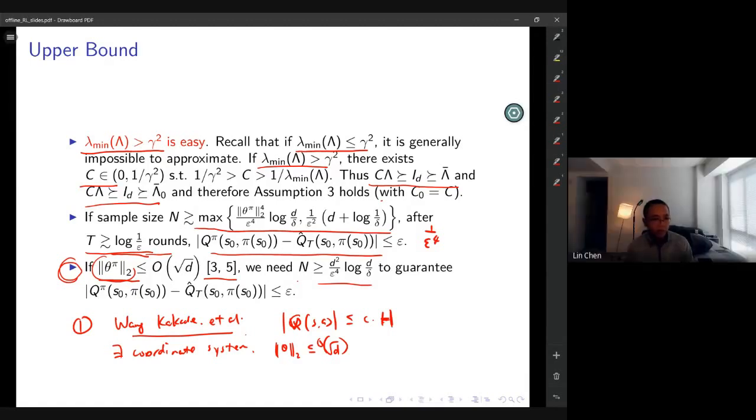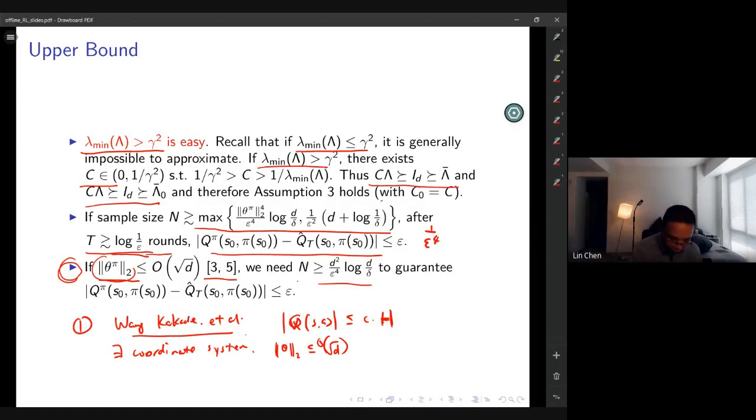But actually, I was personally not that convinced by this justification because we do not know this specific coordinate system a priori. So if anyone can give me a more convincing justification, that would be great, because I was also not that convinced by this justification.